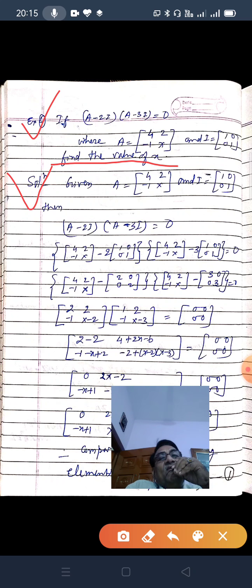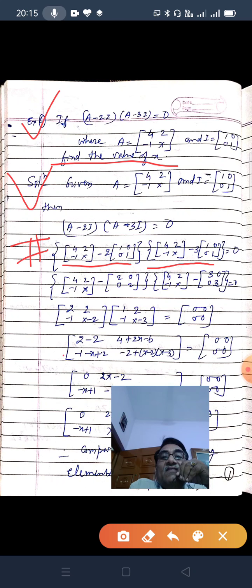You have to put here only the values. The value of matrix A, and then A minus 2 into I, one bracket, and another bracket is also A minus 3I. After simplifications, you will get two equations.